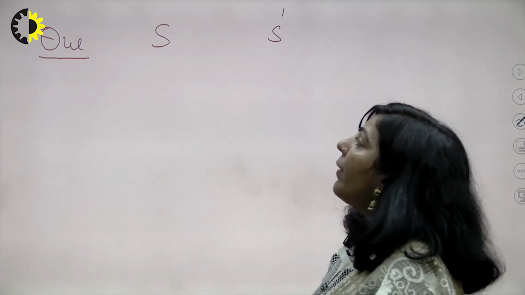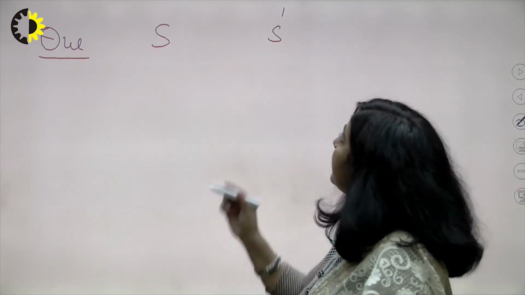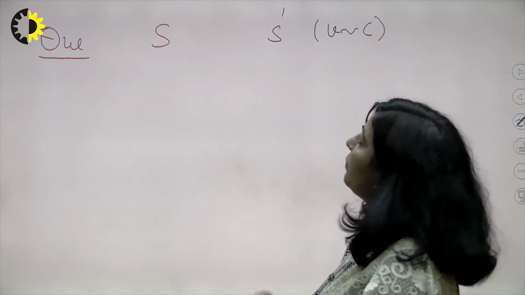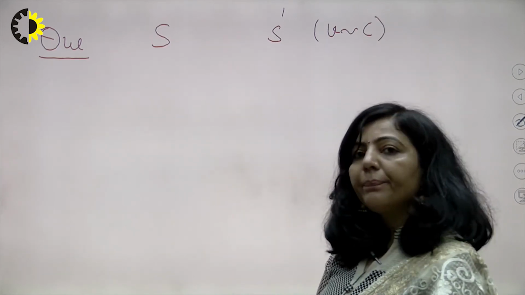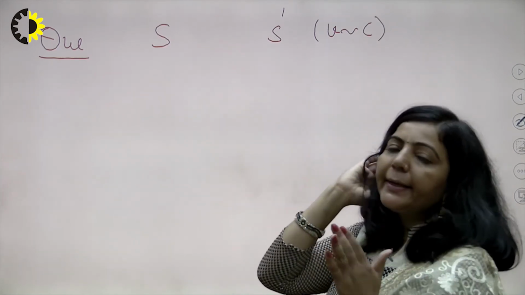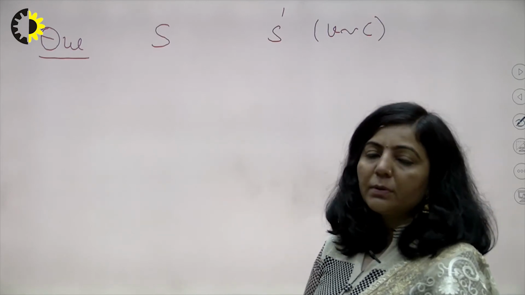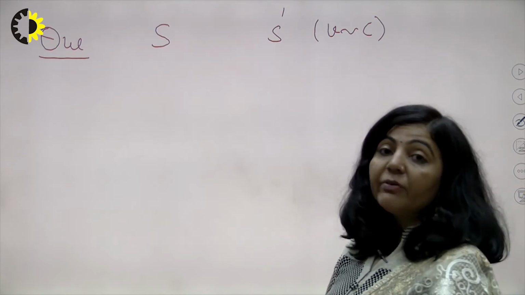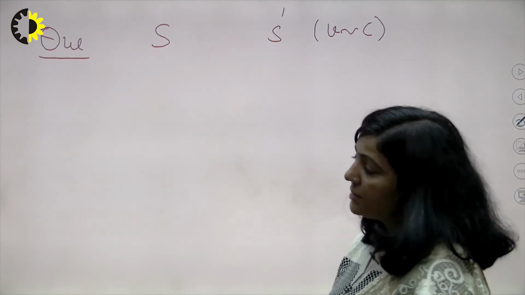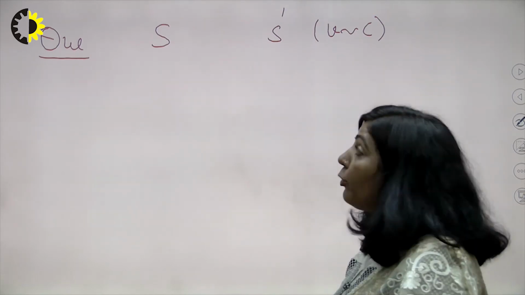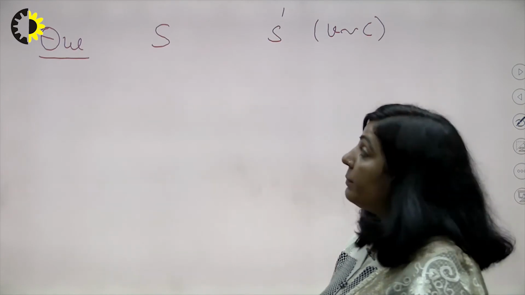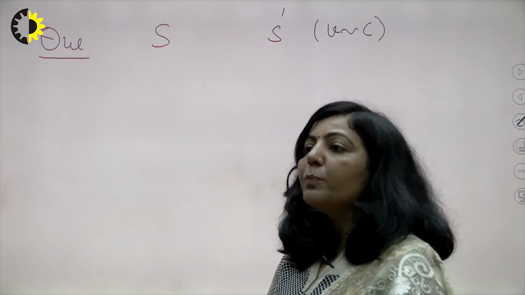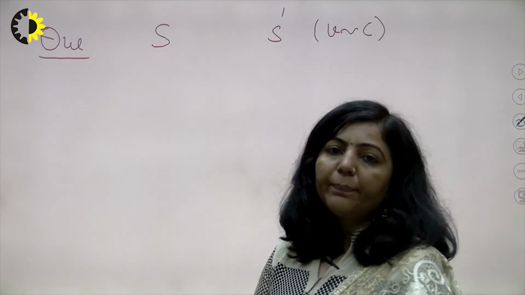S is at rest and S dash is moving with constant uniform velocity v, which is comparable to c. So both S and S dash are inertial frames. Now you have a circle in frame S, and you have to prove that the circle will appear as an ellipse when it is observed from another inertial frame.